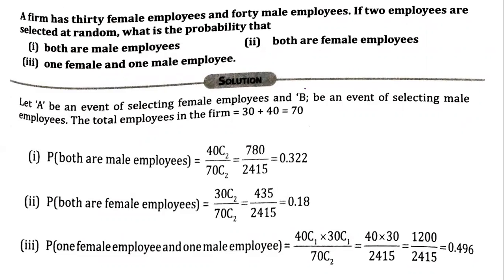A firm has 30 female employees and 40 male employees. So there are 30 female employees in a company and 40 male employees in a company.